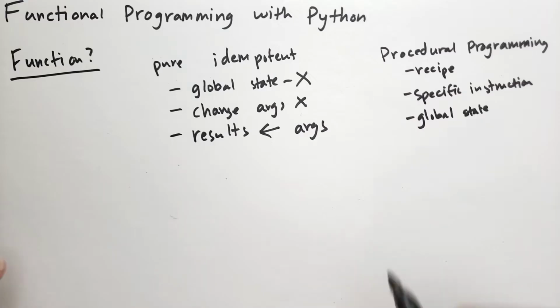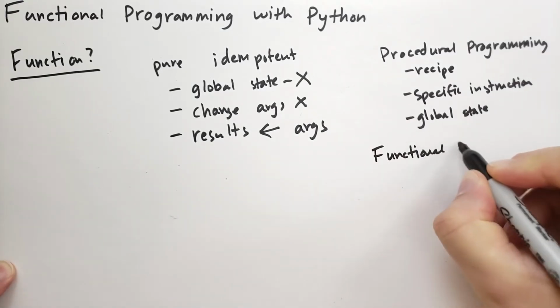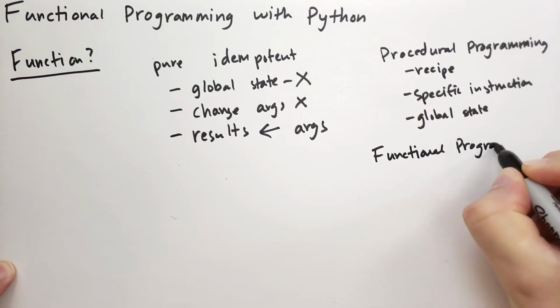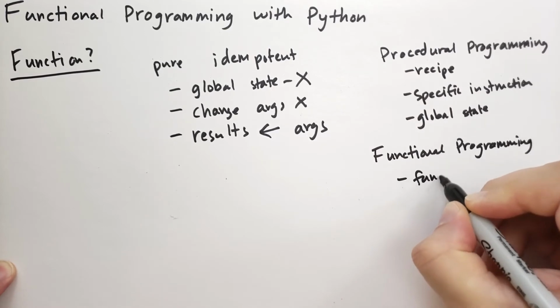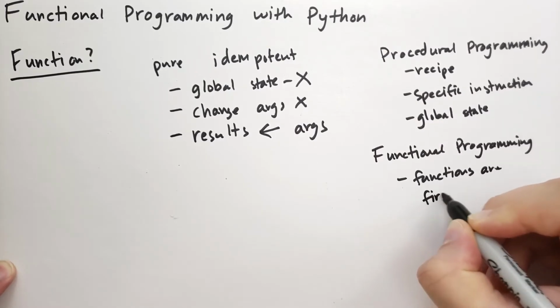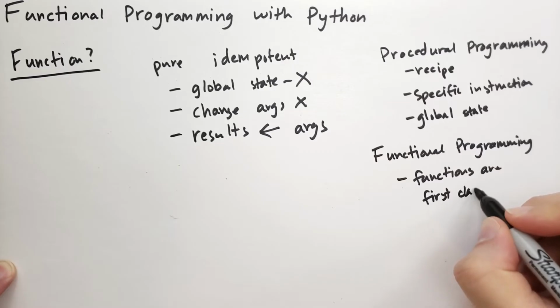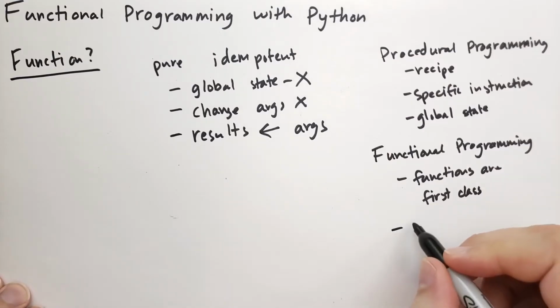Functional programming turns this on its head. In functional programming, one of the signs that you are able to do the functional programming paradigm is that functions are a first-class value. What this means is, just like you can pass numbers around, you can pass functions around. It's based on the old lambda calculus.